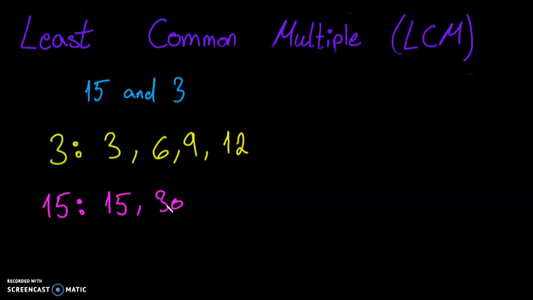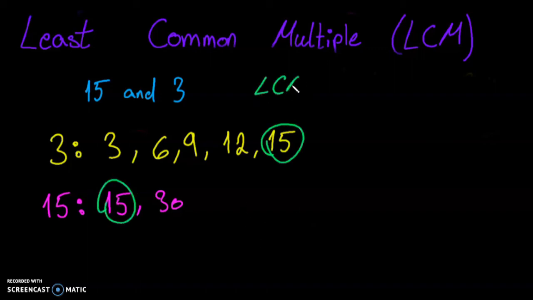You see that 15 is bigger than 12. So it means that we have to continue with the 3. So 3 times 5 is 15. And now we found the LCM. So the LCM of 15 and 3 is 15.